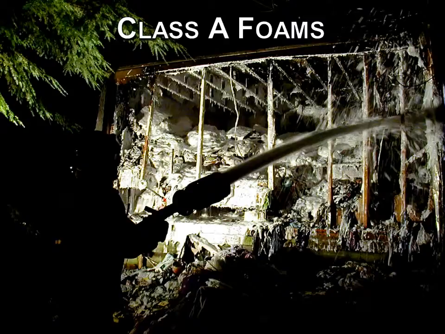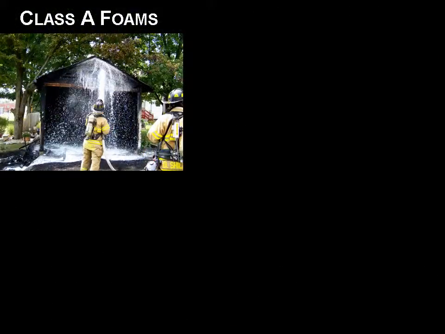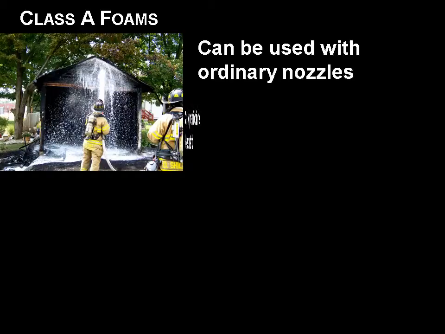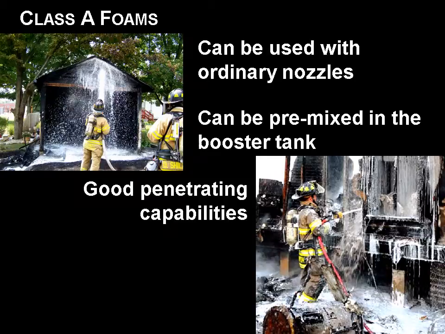Class A foams. A wetting agent, hydrocarbon, is added to reduce the surface tension of water, allowing it to soak into combustible materials. The characteristics: can be used with ordinary nozzles, can be pre-mixed in a booster tank, good penetration capabilities, can be propelled with compressed air foam systems, has solvent characteristics, and is mildly corrosive.